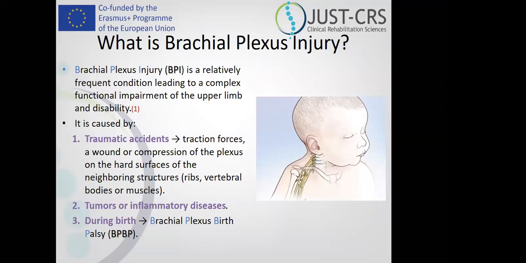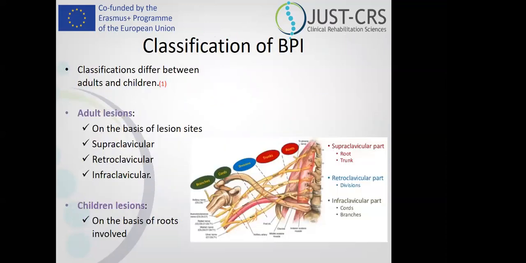A second cause is tumors or inflammatory diseases, or it could be during birth, which gives rise to brachial plexus birth palsy.